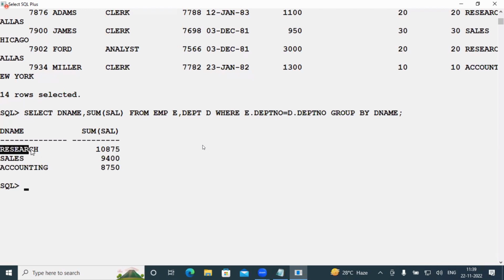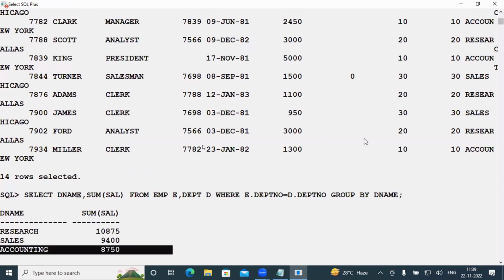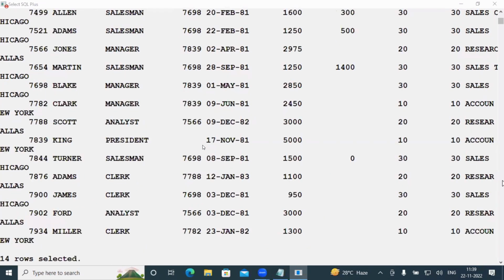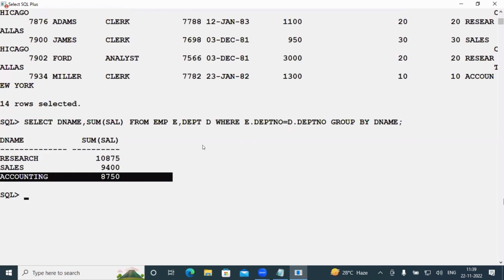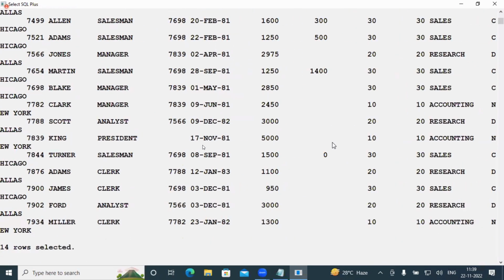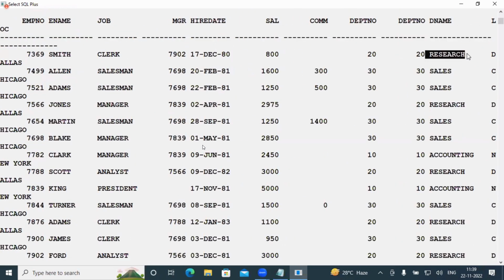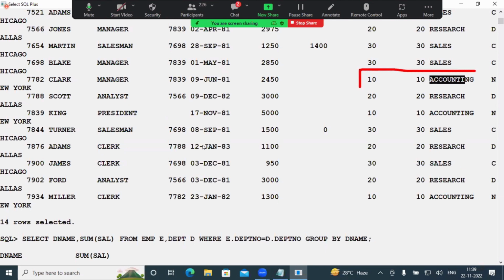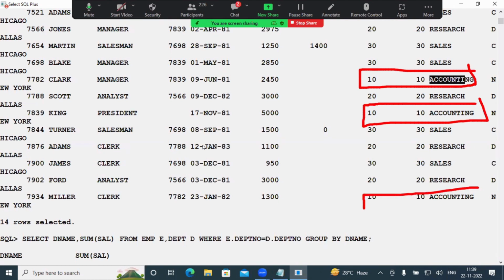So research, sales, accounting. Can you see how many departments we have? Research is one department, sales, accounting. How many accounting people are there? Accounting, department 10, 10, matching. Again this person is also matching, and this person too.